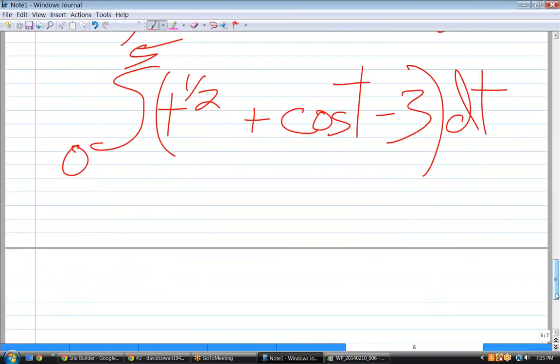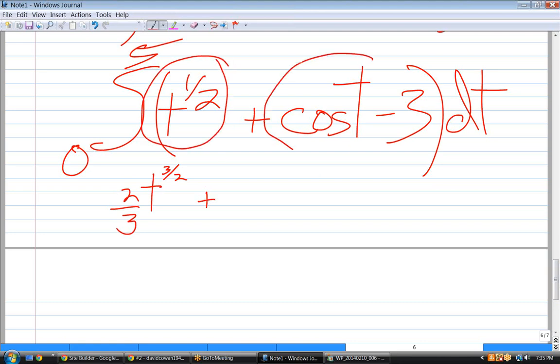How do I take the integral of that? So you add 1 to the exponent and then divide by that. So you get 2/3 t to the 3/2. Plus that. What about this part? Cosine is a negative sine or anything? No, it's sine. Because the derivative of sine is cosine. The derivative of cosine is negative sine.